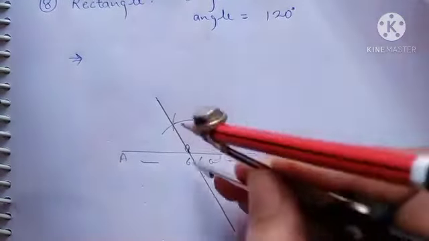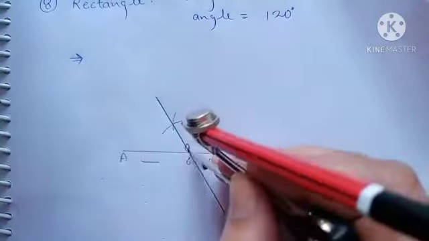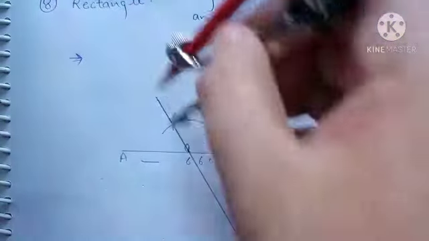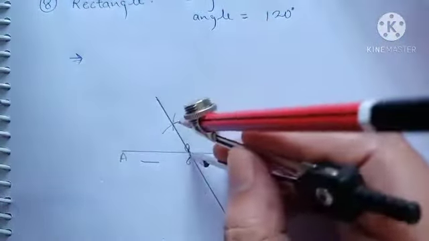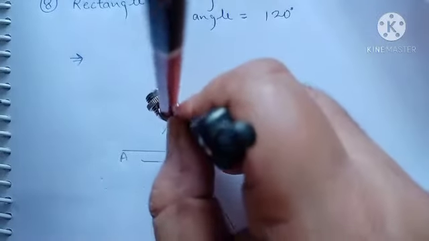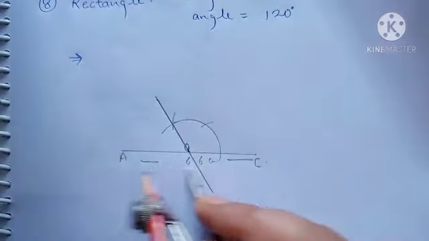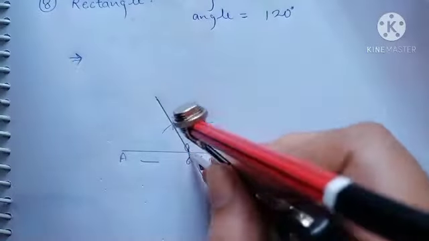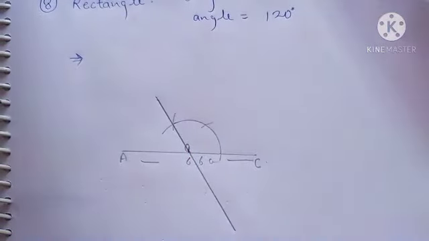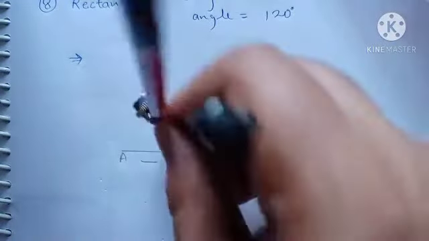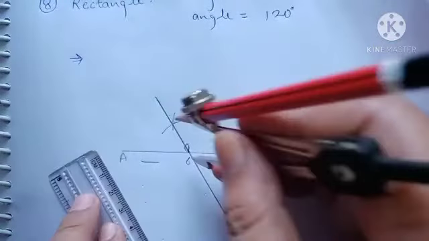So here we have to intersect this line at 3.3 centimeter. Okay, because half of 6.6 is 3.3 centimeter, because the diagonals of a rectangle are equal and bisect each other. So here we have to intersect this line segment at 3.3 centimeter.